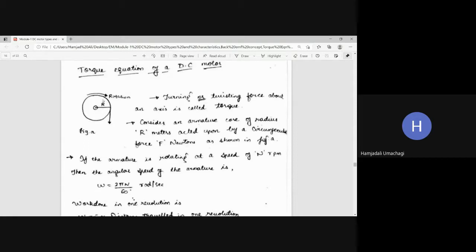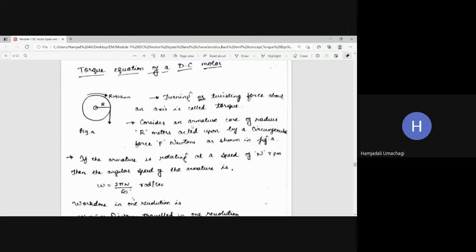This is the diagram for the torque equation where we have shown the armature of the DC motor, and it is rotating in a clockwise direction, and this is the tangential force experienced by the armature, which has radius capital R. Turning or twisting force about an axis is called torque.